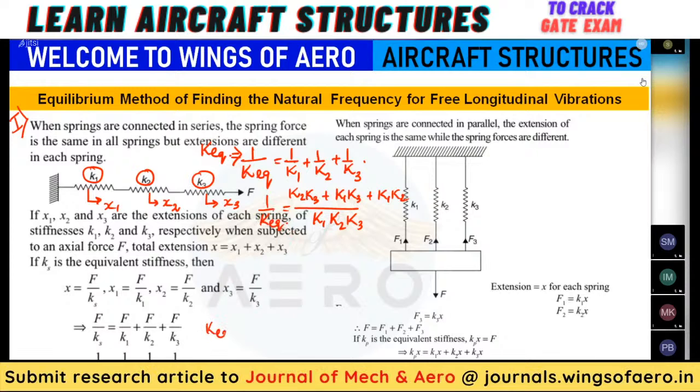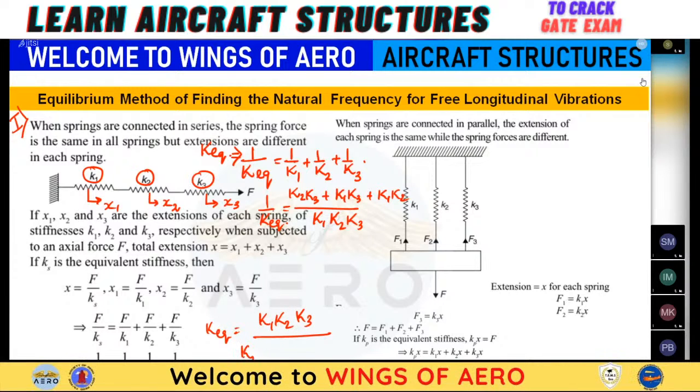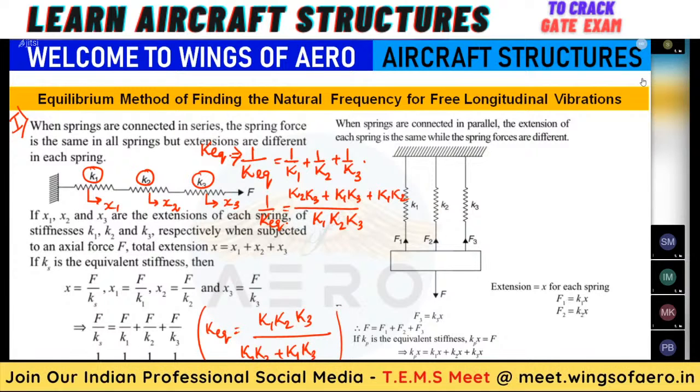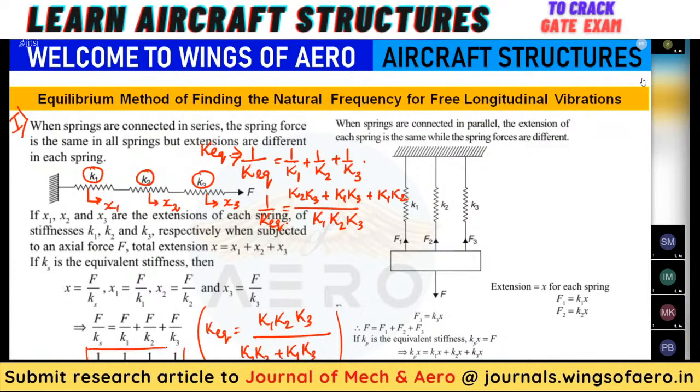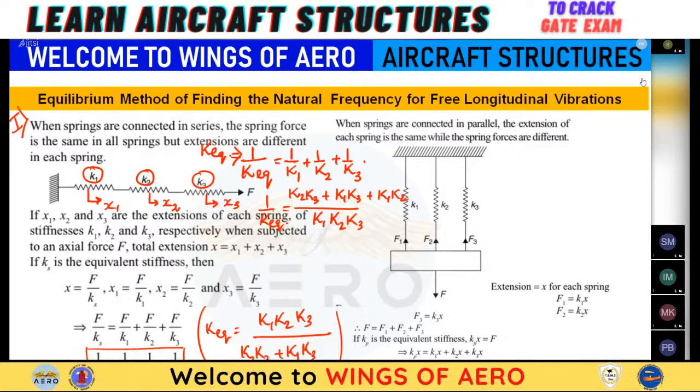So K equivalent becomes K1 K2 K3 by K2 K3 plus K1 K3 plus K1 K2, right? So you can solve and find the answer. Basically, it should be the reciprocal of each and every element. Done. This is for the case of series.